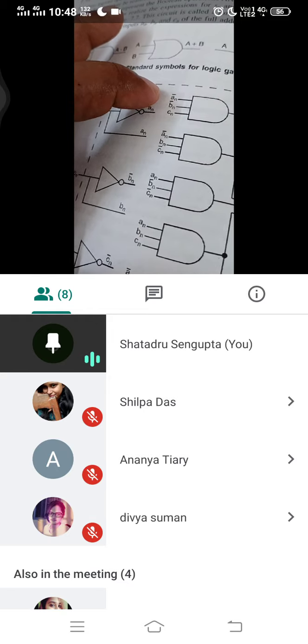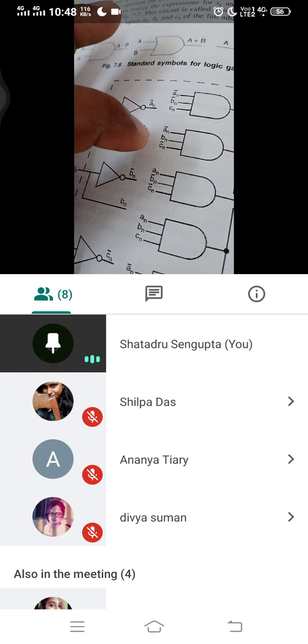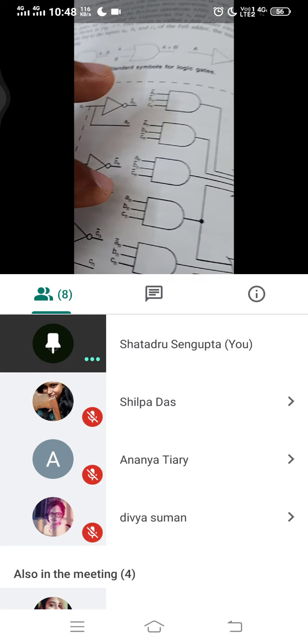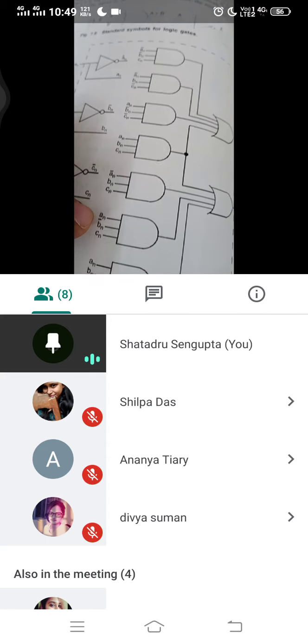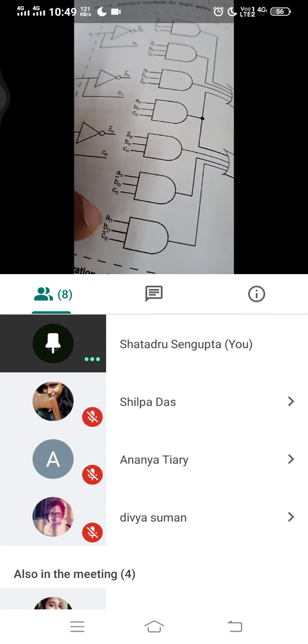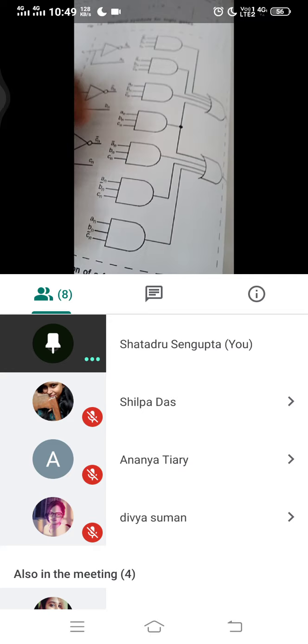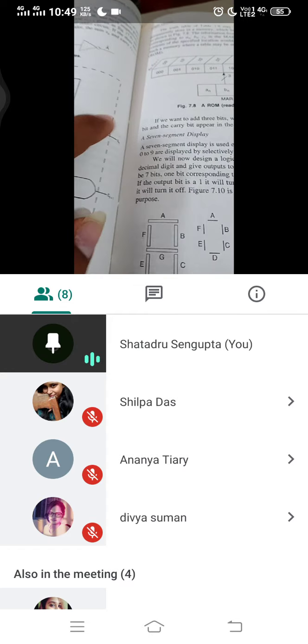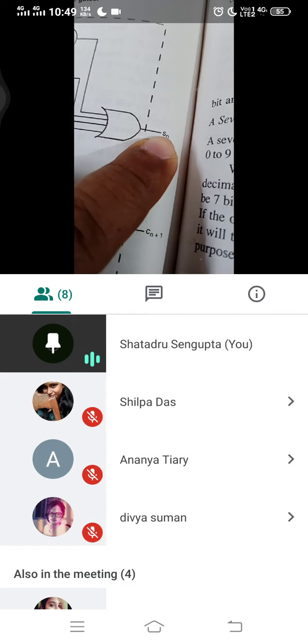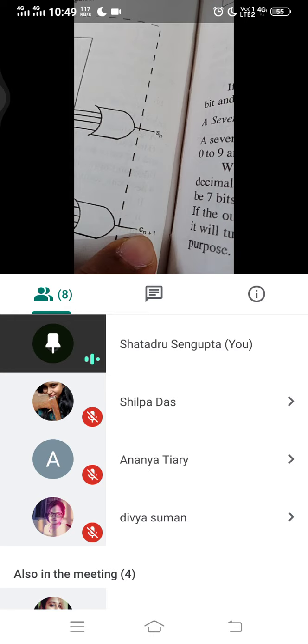This is for A bar B C bar, this is A B bar C bar, A B C, A bar B C, A B bar C, A B C bar. We connect it as per the formula, and we OR it. From the first OR we got the sum, and from the next OR we got the carry.